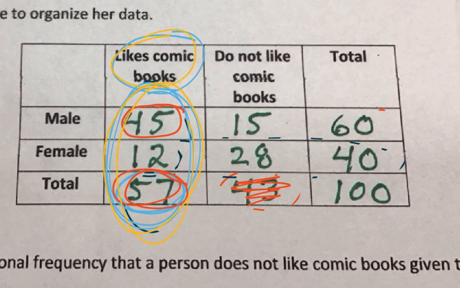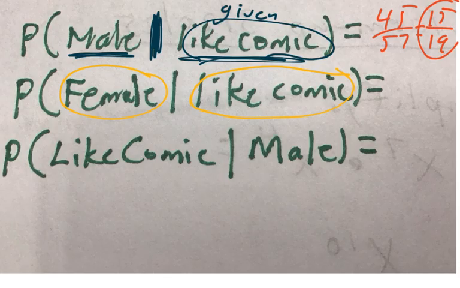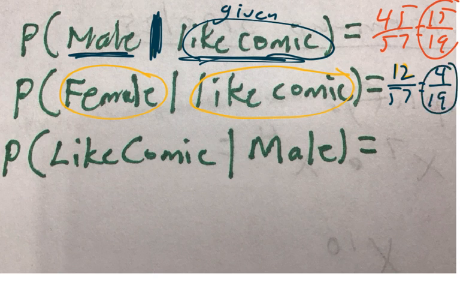We know they like comic books. We don't care about the ones that don't like comic books. We have 57 again. How many of them are female? 12. So we would say 12 out of 57, which I believe reduces to 4 out of 19, if my mental math is correct.